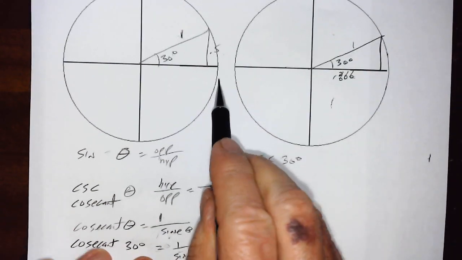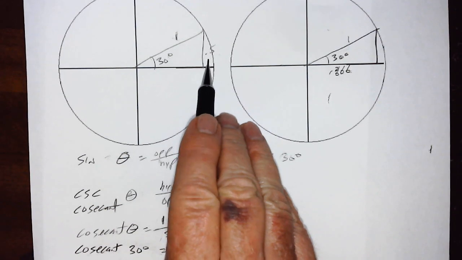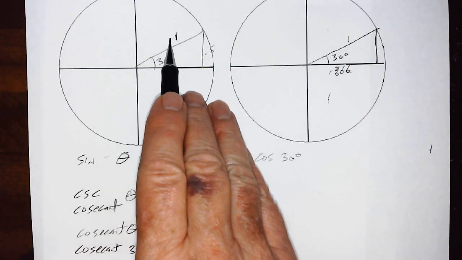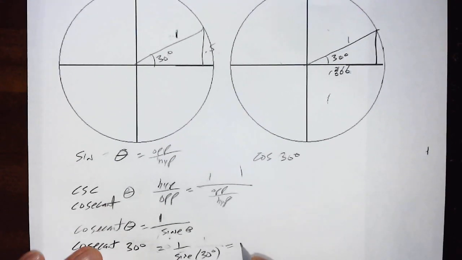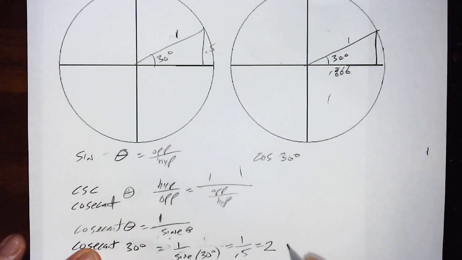And we showed up here that the sine of 30 degrees is 0.5 over 1. So the cosecant is 1 over 0.5, which turns out to be 2.